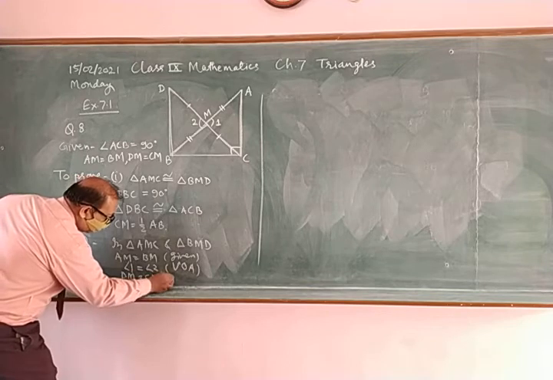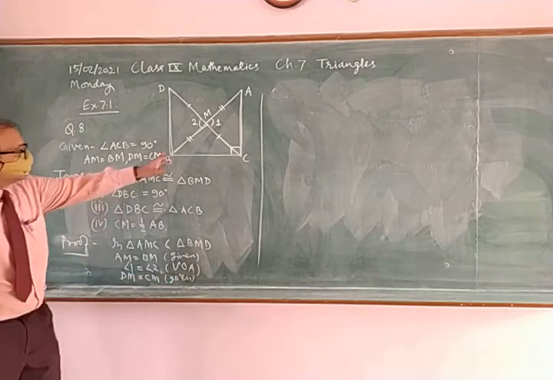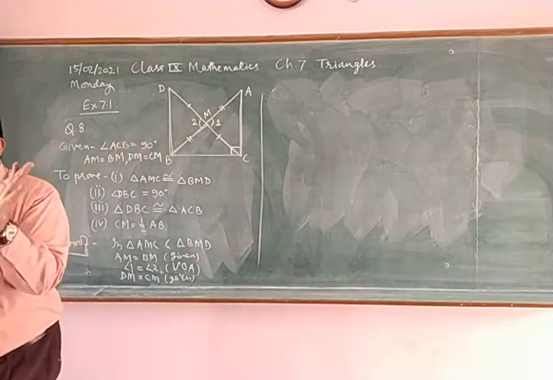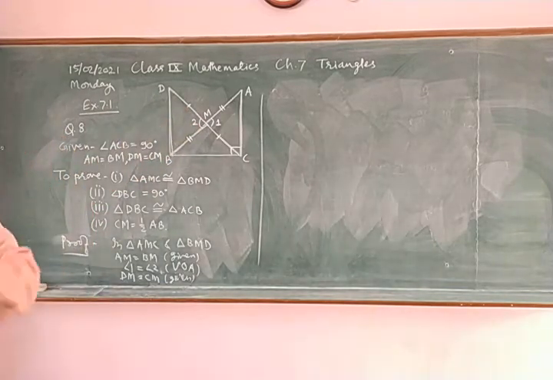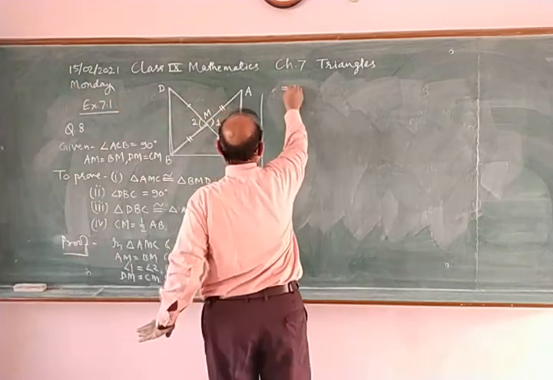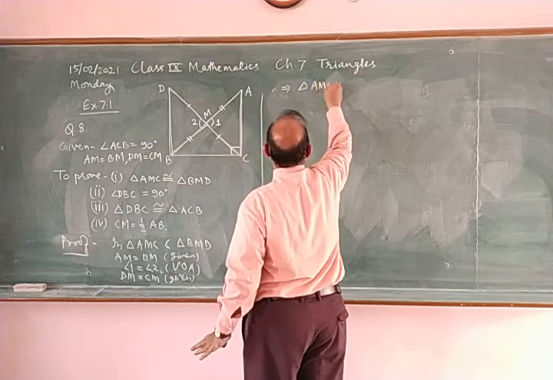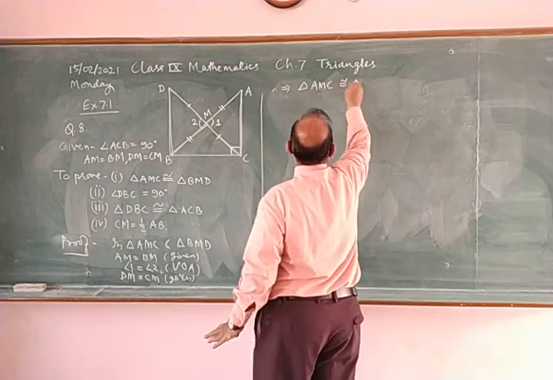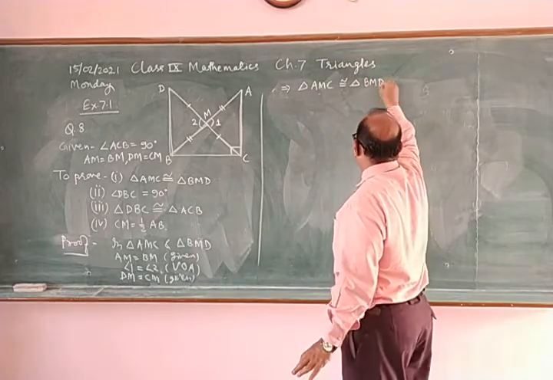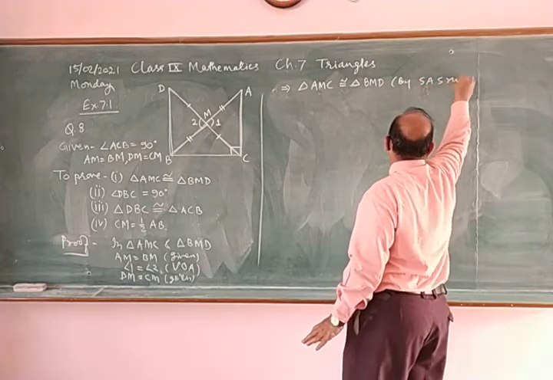It is given. So what do you observe? Side, angle, side. By the SAS rule, these two triangles are congruent. So triangle AMC is congruent to triangle BMD by the SAS rule.